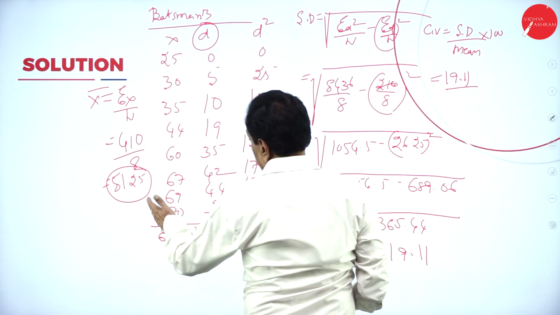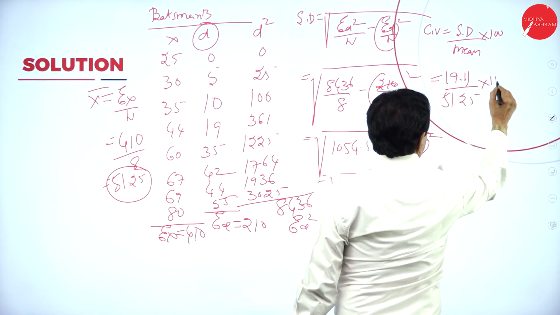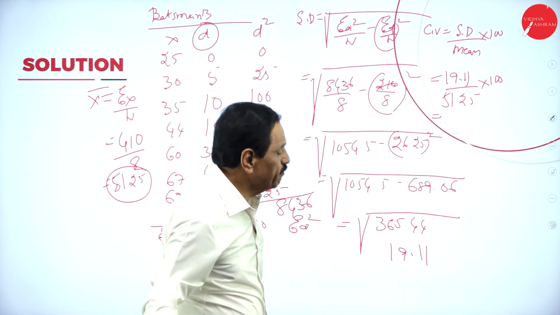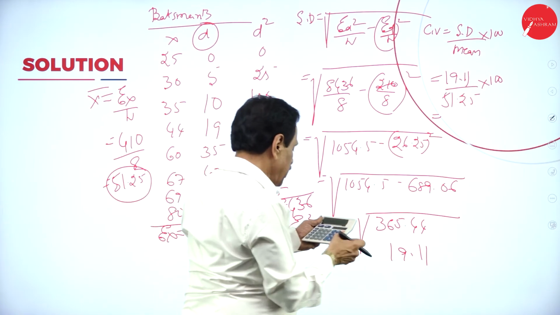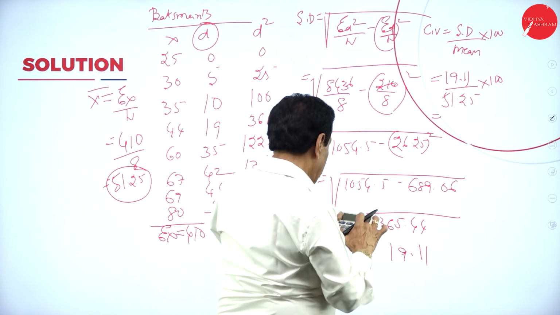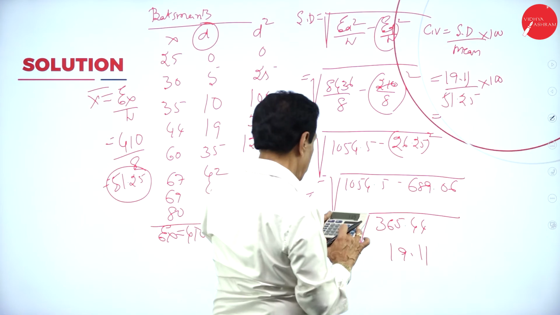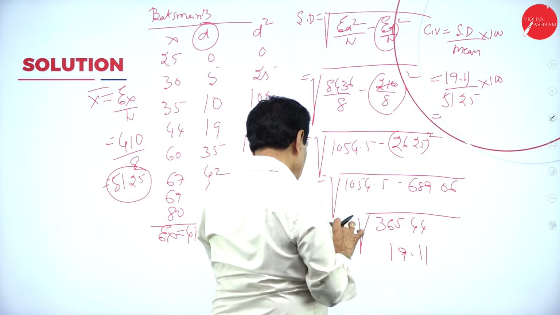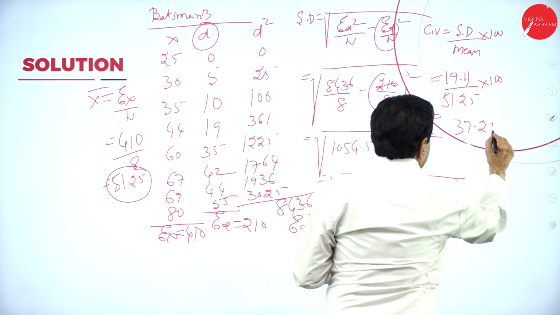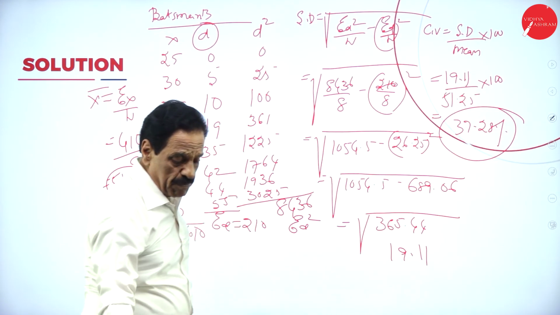This is batsman B. 19.11 divided by 51.25 into 100, 37.28%. This goes in favor of the batsman B.